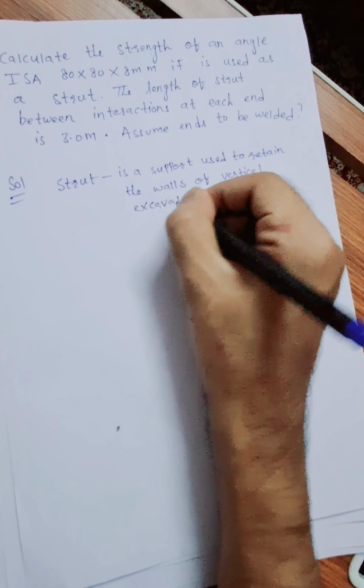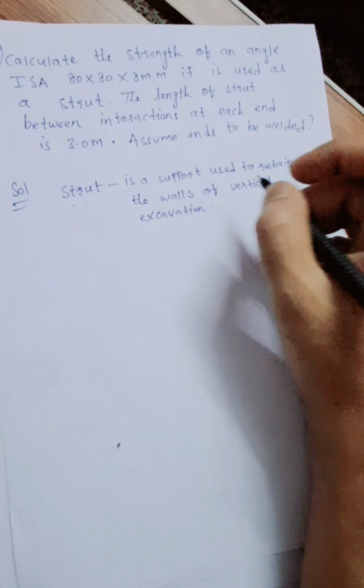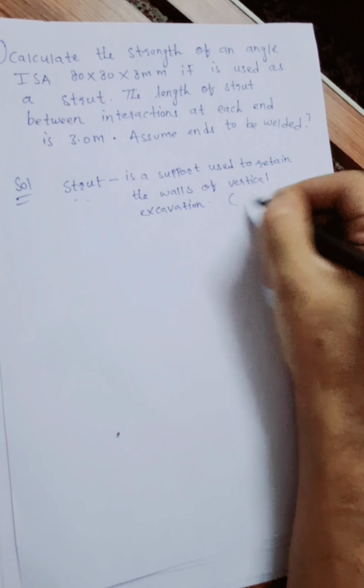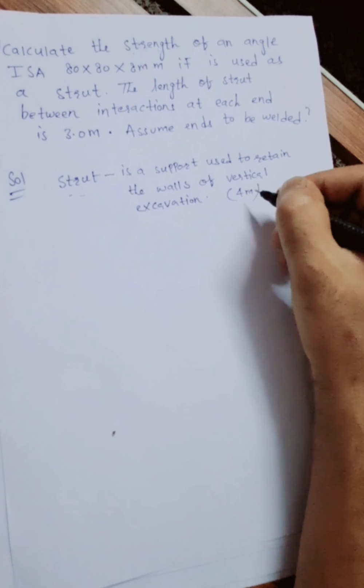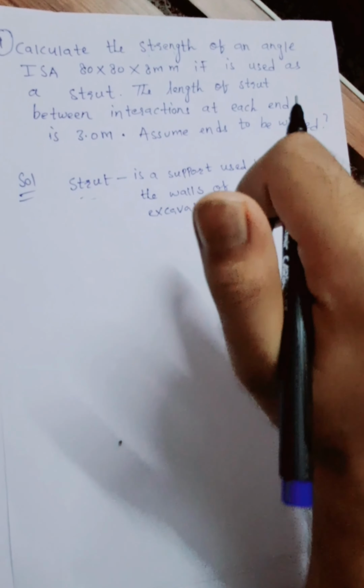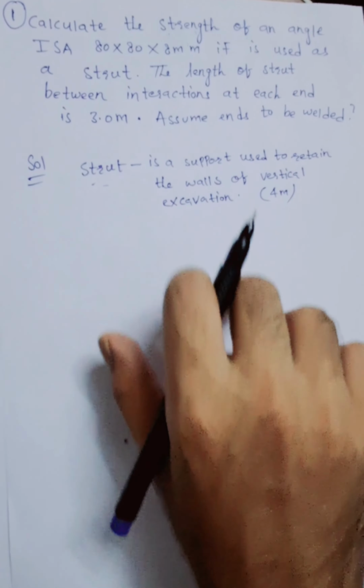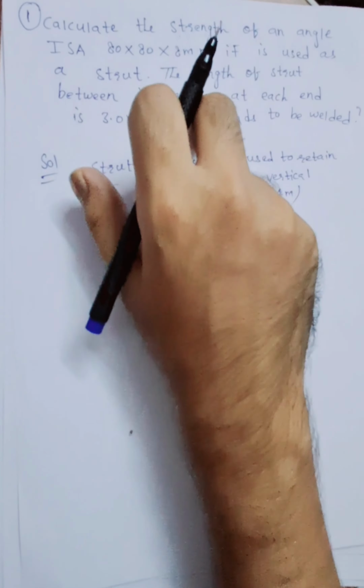This is known as a strut. This definition may be a question in your semester for about 4 marks. Write this and draw a neat labeled diagram as it is showing in your video, like this.